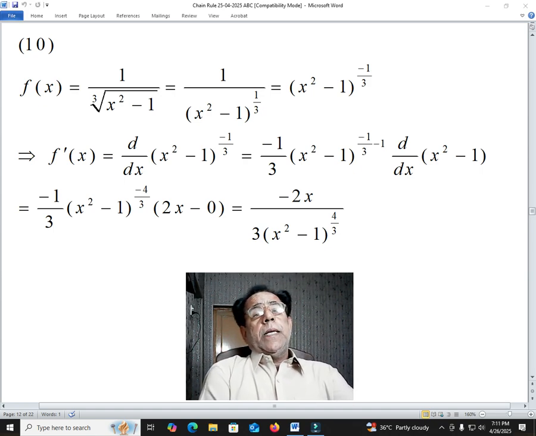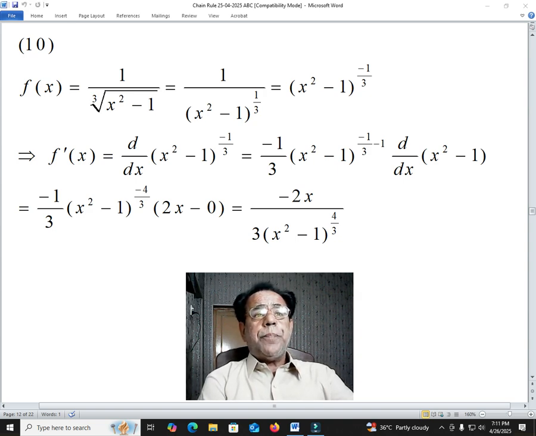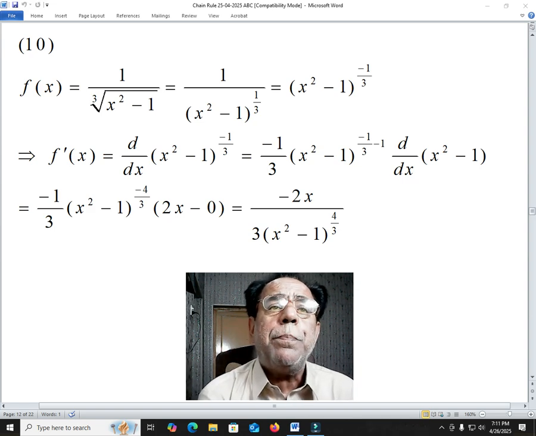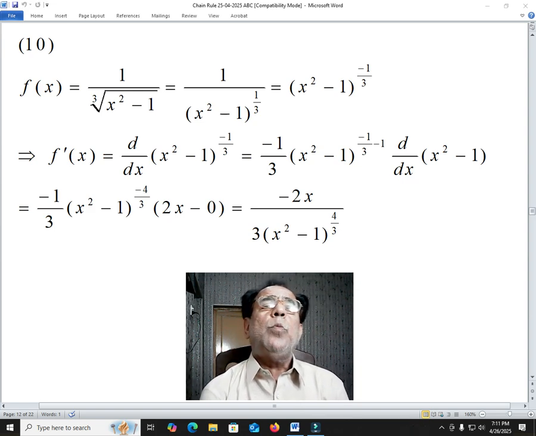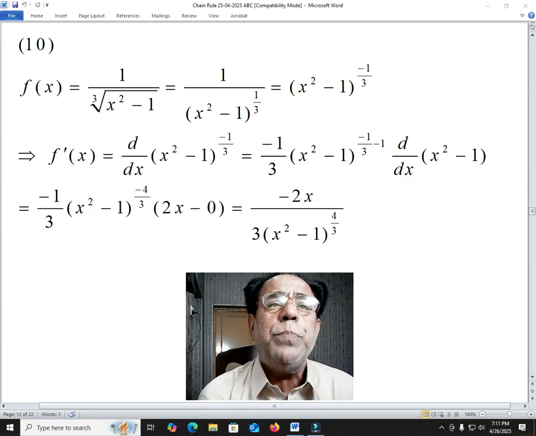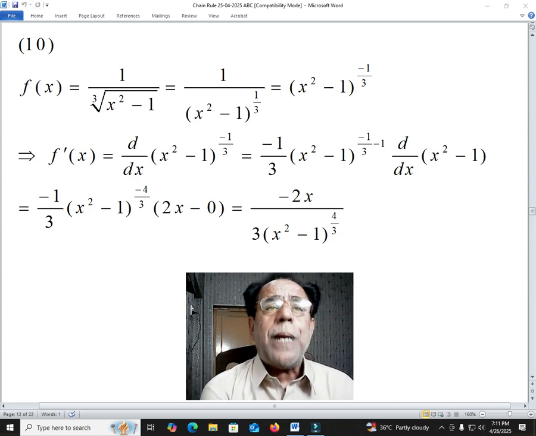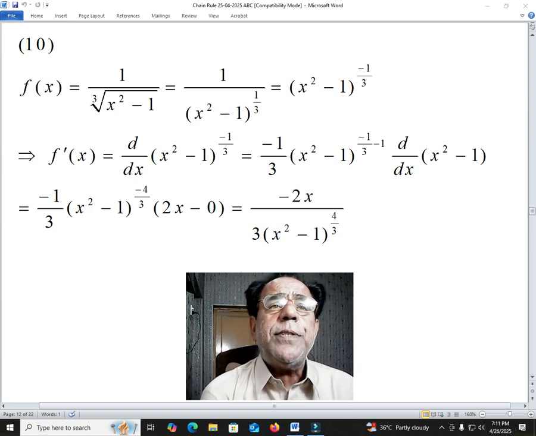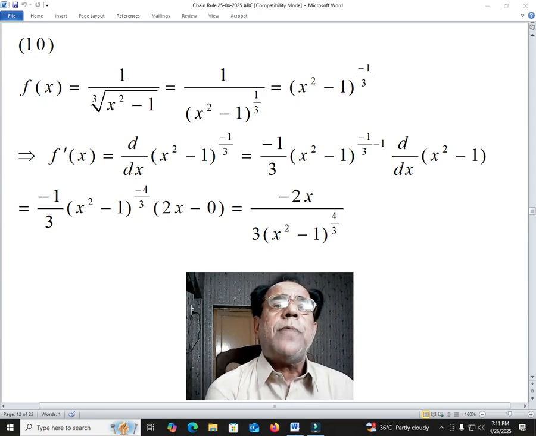So it will be equivalent to 1 over (x square minus 1) raised to power 1 by 3, and this will be equal to power minus 1 by 3, because here the denominator is being shifted to numerator, so power plus 1 by 3 is going to be changed to minus 1 by 3.